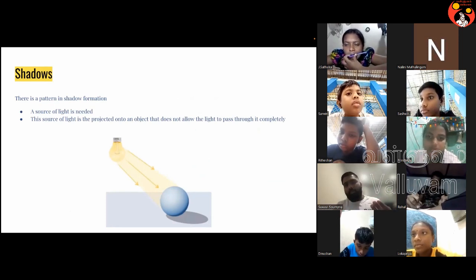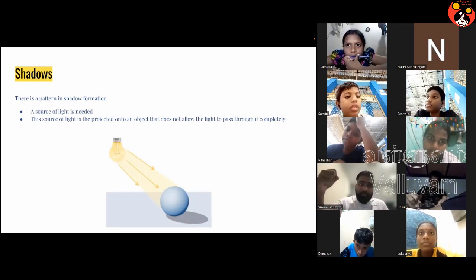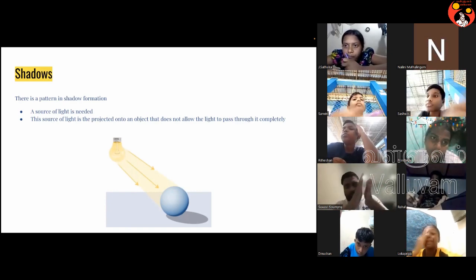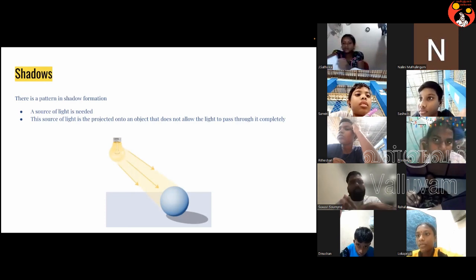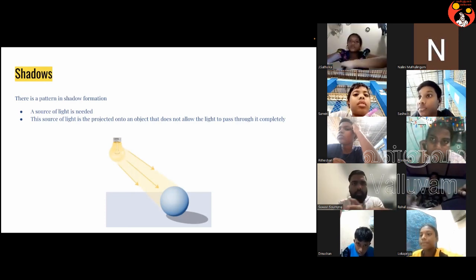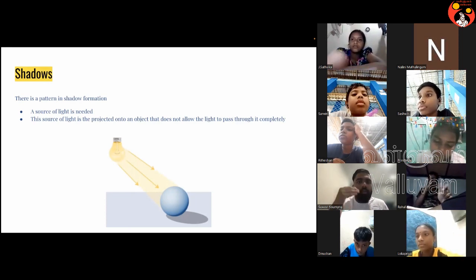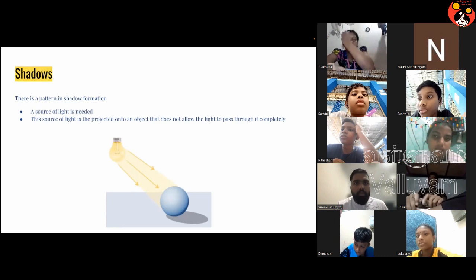So what I mean by that is, let's say you have the sun. The sun creates light, but if you have just a pane of glass, that sunlight will pierce straight through, right? And no shadow is created from that glass itself because the object allows the full light through.